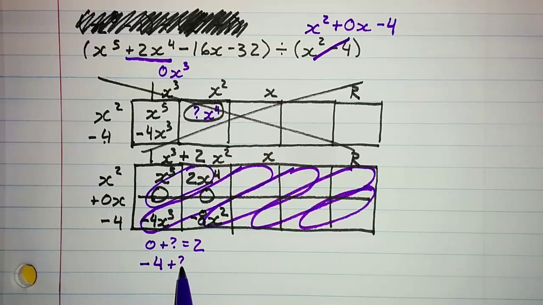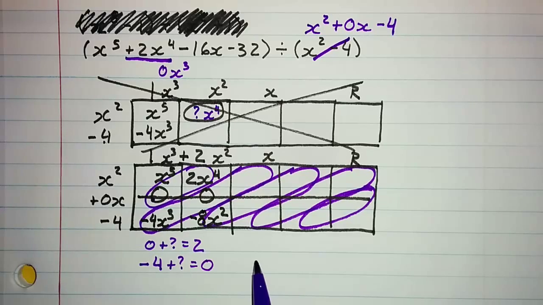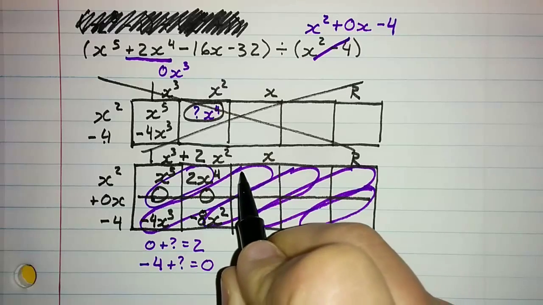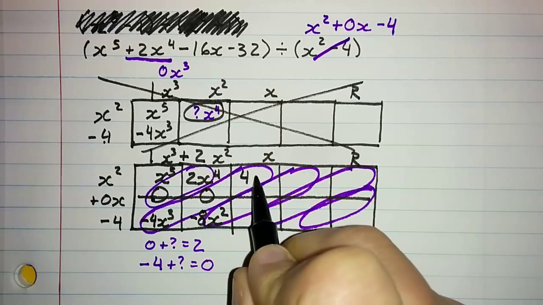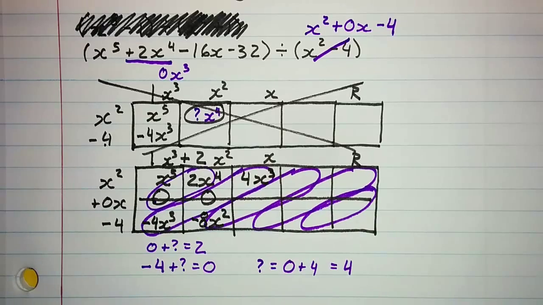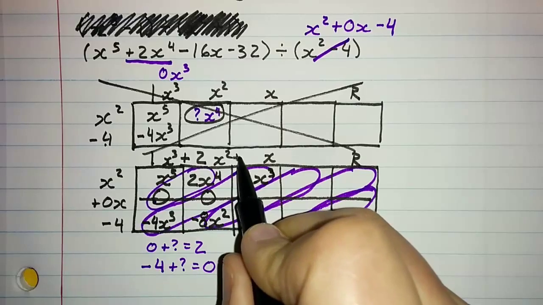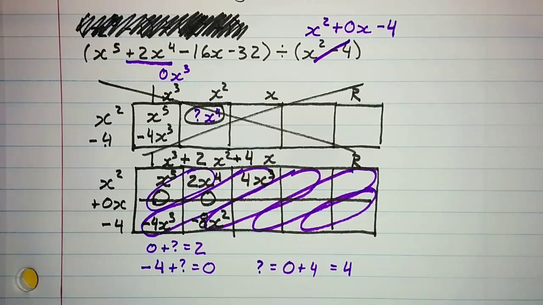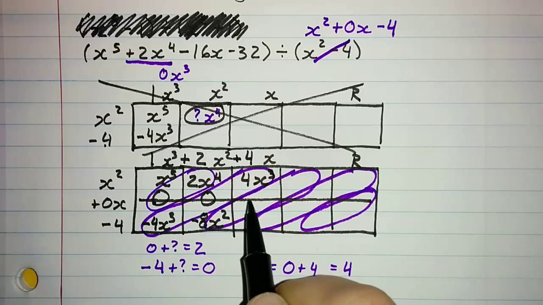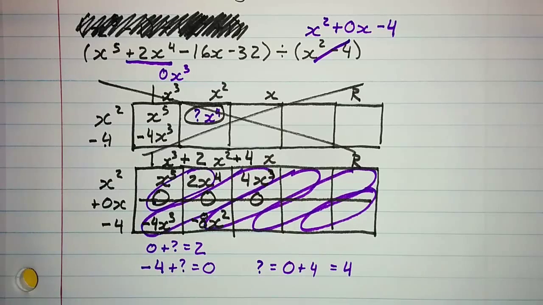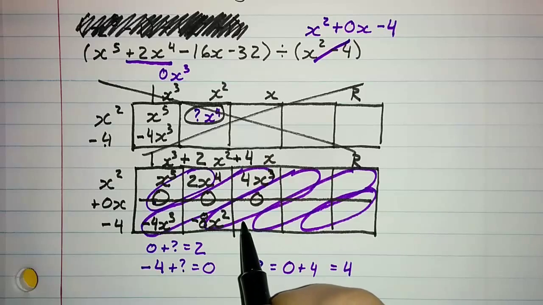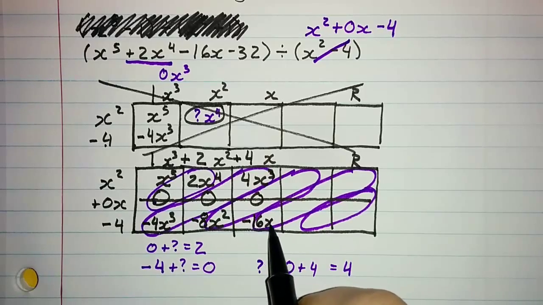Minus 4 plus what will give me 0? Well, what is 0 plus 4? It must be 4. I must have 4x cubed here. X squared times what will give me 4x cubed? It must be 4x. 4x times 0x, still 0. 4x times negative 4, negative 16x.